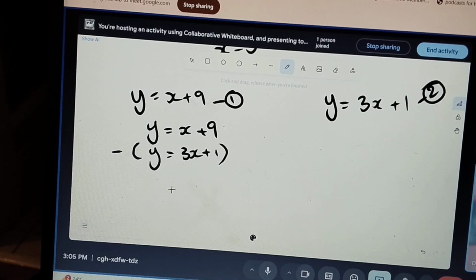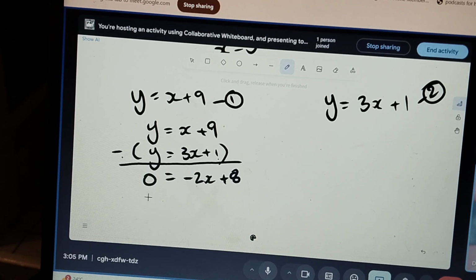And I do line my y's up underneath each other, the x's underneath each other, the constants next to each other. Y minus y is 0, right? X minus 3x is minus 2x. 9 minus 1 is 8. Happy with that?